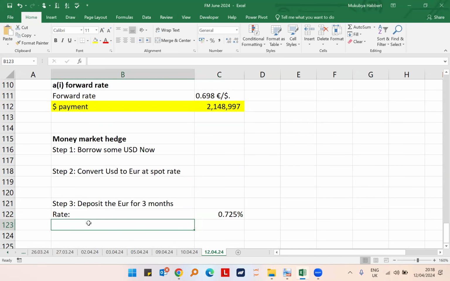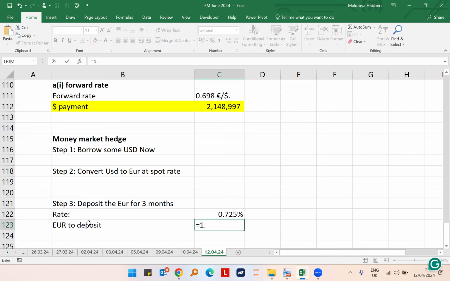So how many euros do I deposit? It's going to be 1.5 million divided by 1 plus this rate here. So I need to actually deposit 1.489 million.